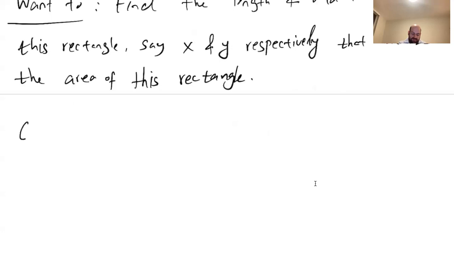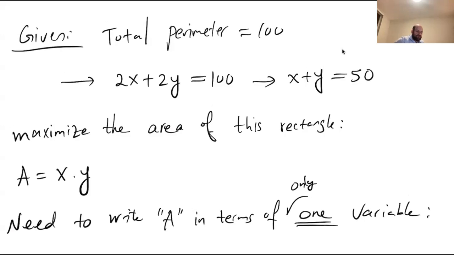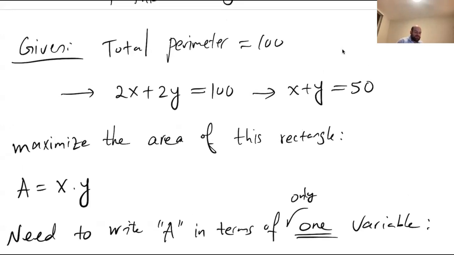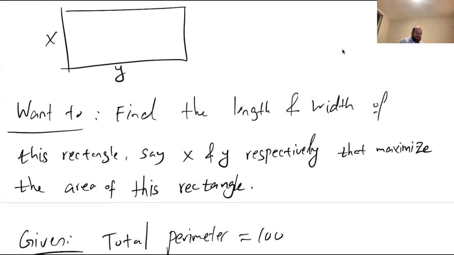Okay, so what is given to us? Given to us is the total perimeter is 100. That's fixed, that's given. So we can write the total perimeter in terms of X and Y as 2X plus 2Y, right?